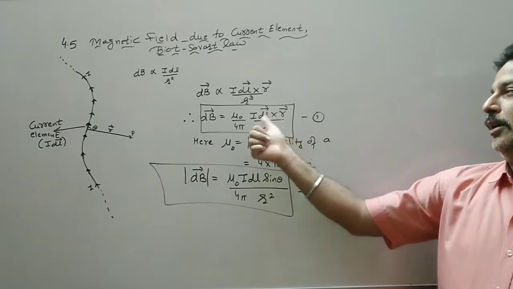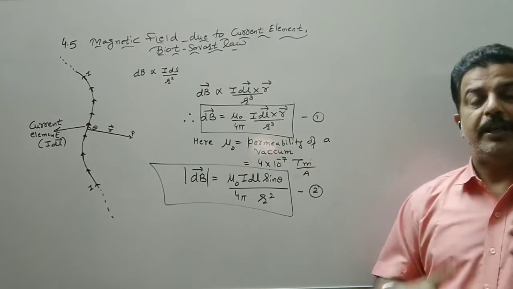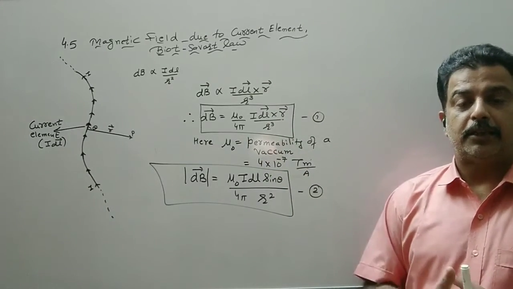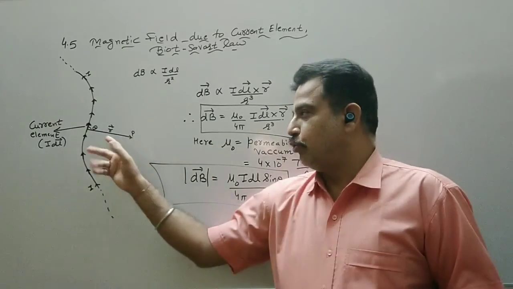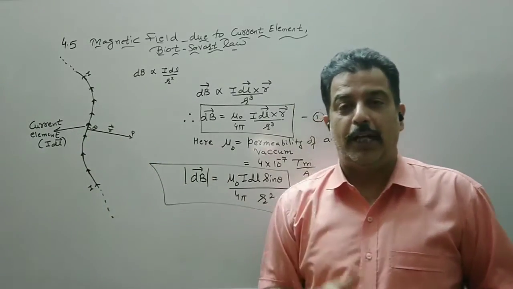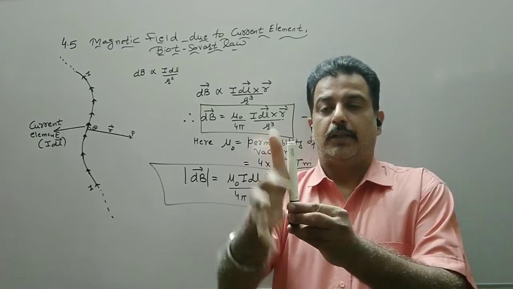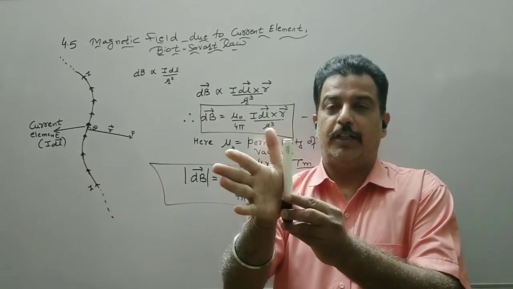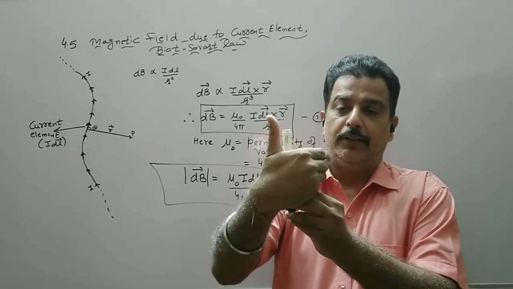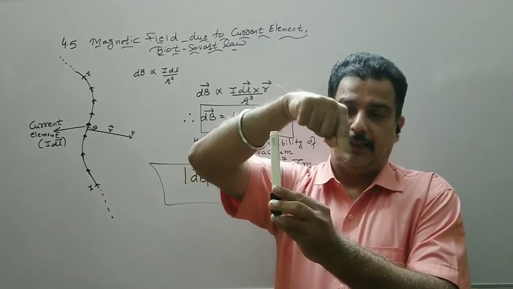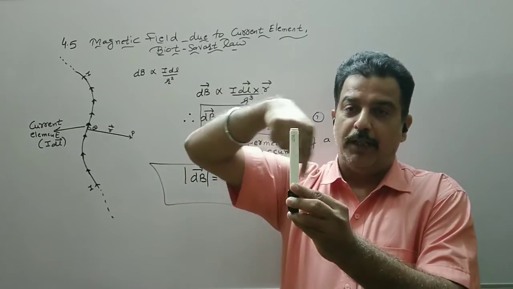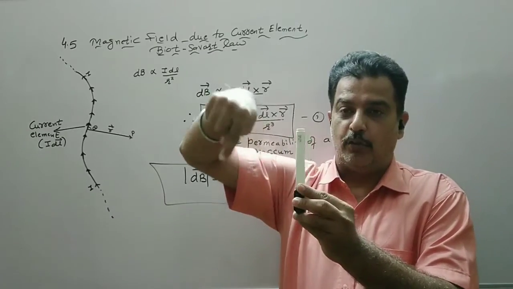Now if we apply the right hand thumb rule for this situation, and I consider only a small element, current is going upward, so the thumb is in the direction of current. I curl my hand, point P is here, so the magnetic field is anti-clockwise.